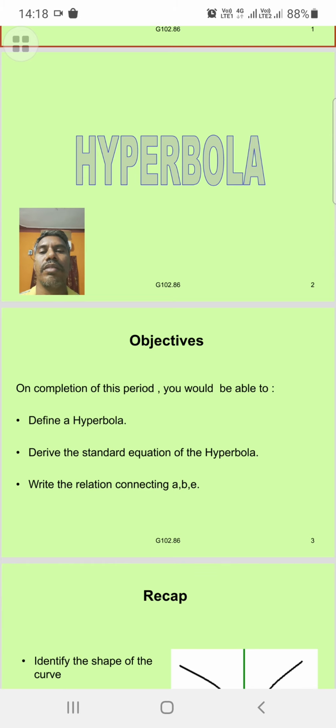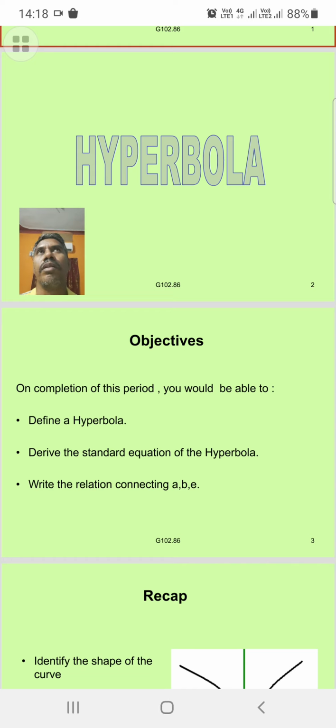Remaining, each and every element is similar to the ellipse. Here the ellipse is a closed curve, and the parabola and hyperbola are open curves.